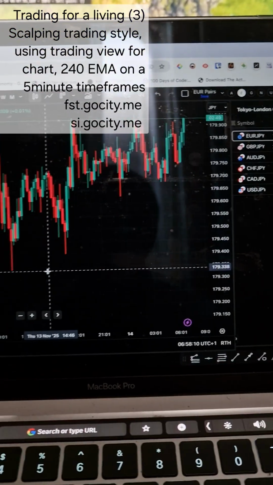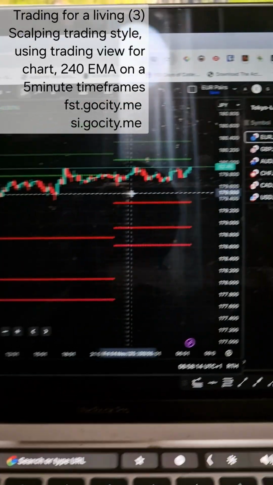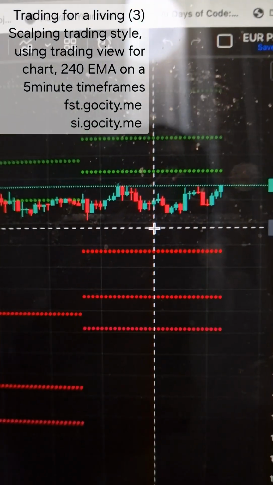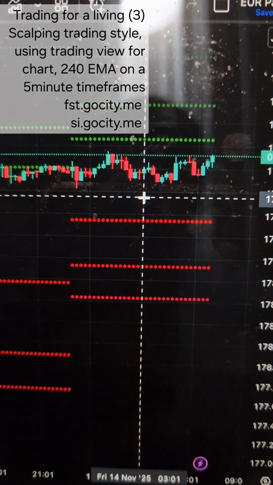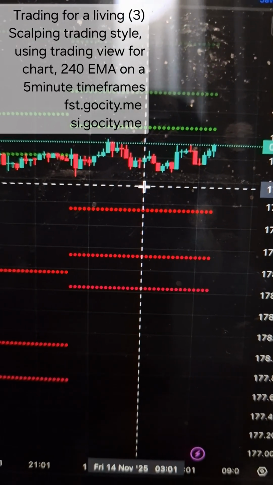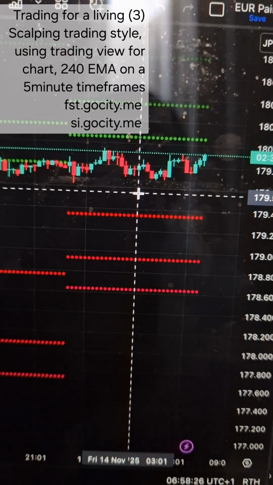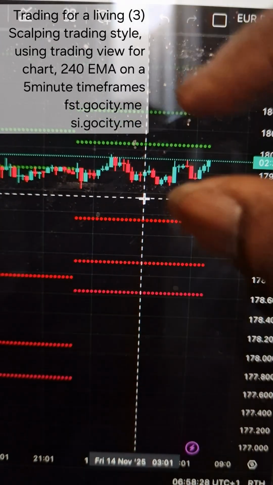This is the chart, and if I turn back the pivot point, you can see that the market is currently ranging because we are still in the Asian section, the Tokyo section, and the market is always ranging.